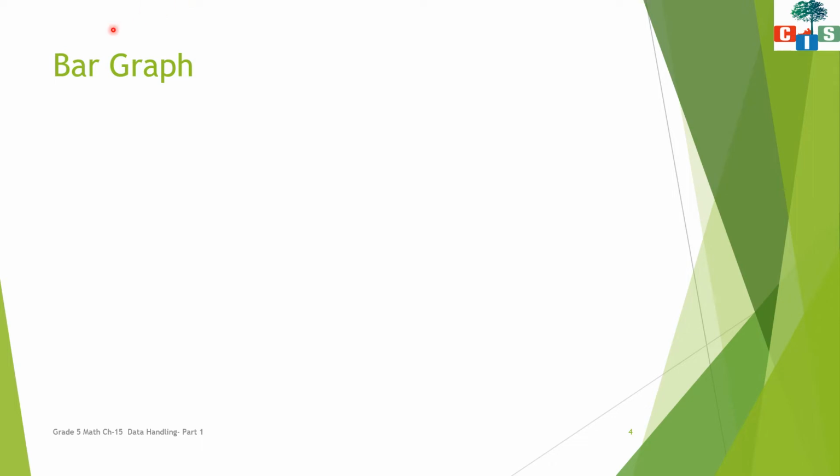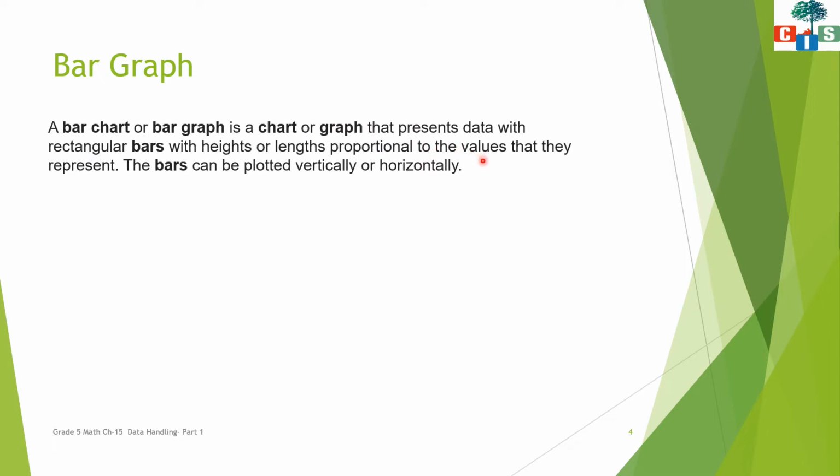What is a bar graph? A bar graph or a bar chart is a chart or a graph that presents data with rectangular bars with the height or the length proportional to the values that they represent. The bar graph can be plotted vertically or horizontally.